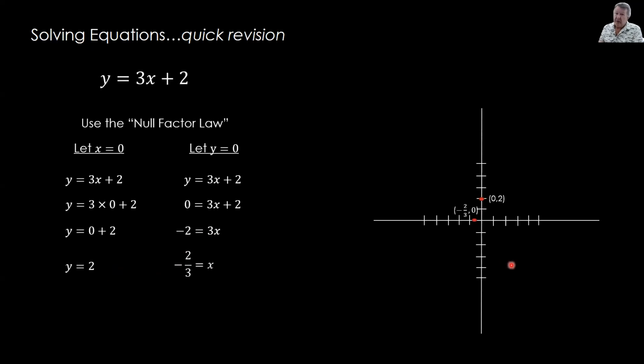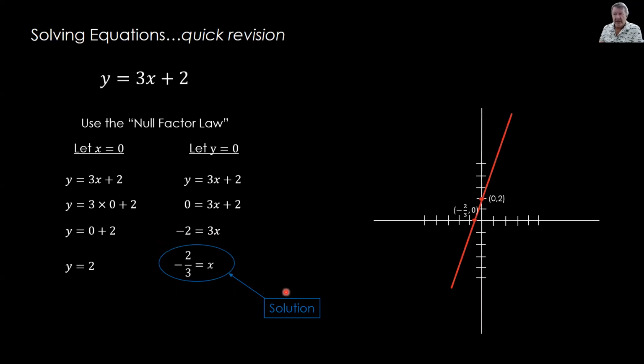And we simply join the dots. And there's our straight line, which is y equals 3x plus 2. Now, the bit we're really interested in is only the x-axis, the x-intercept. This is the solution that we're after.